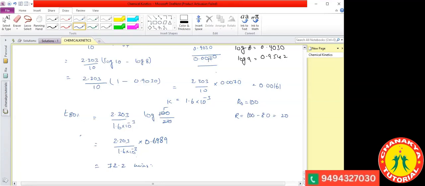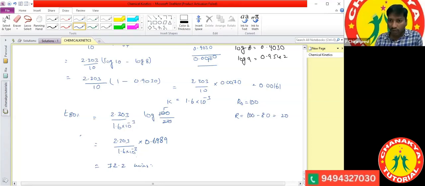Okay, 0.0970. If you multiply with this, actually we made the mistake in the K value. So what is the K value here?